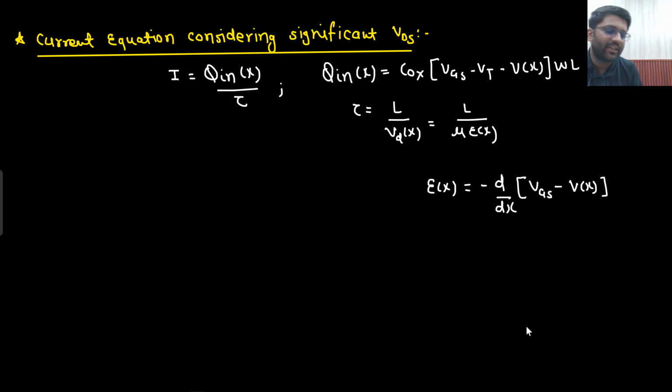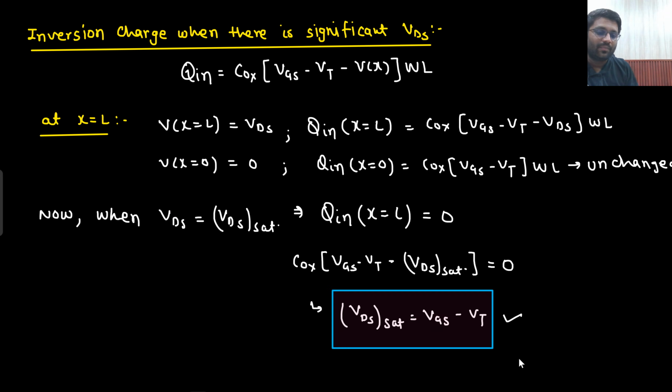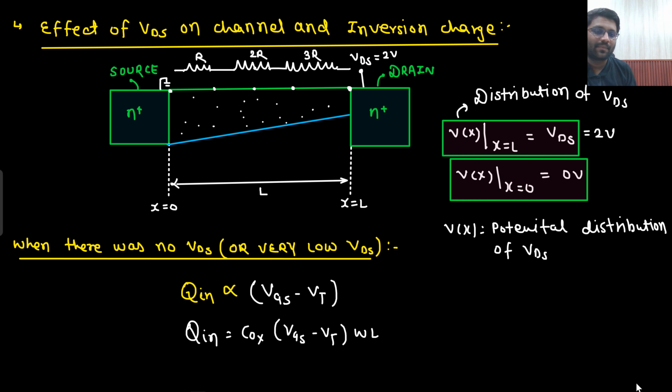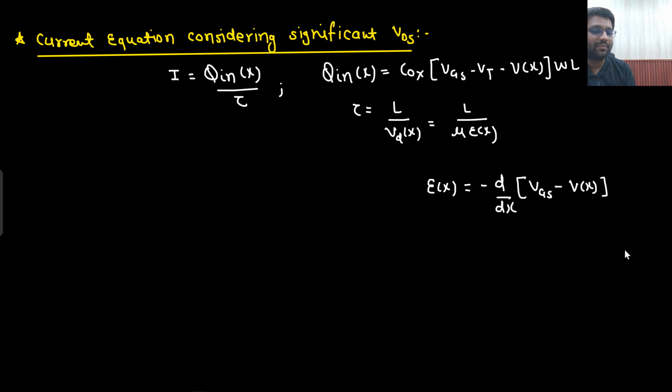And why did I put VGS minus Vx? Everyone can understand it. Because VGS is making the inversion layer and Vx is like taking down the inversion charge. It is a very crude way of derivation, but this is the best possible way that I can define my electric field: minus d/dx of (VGS minus Vx), where the potential is distributed from x equals L to x equals 0.